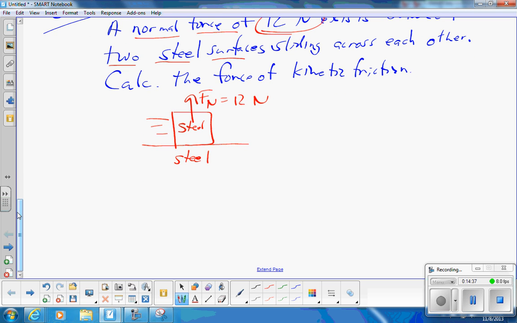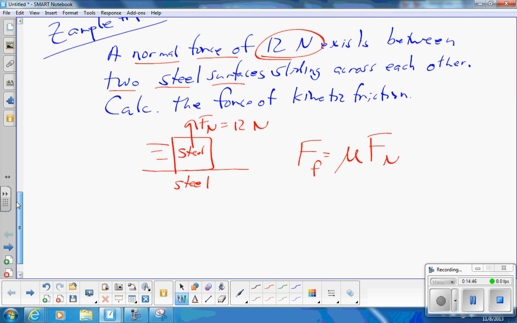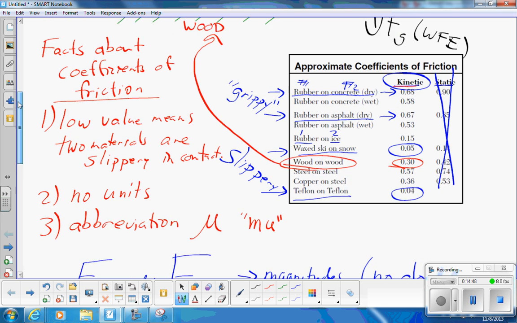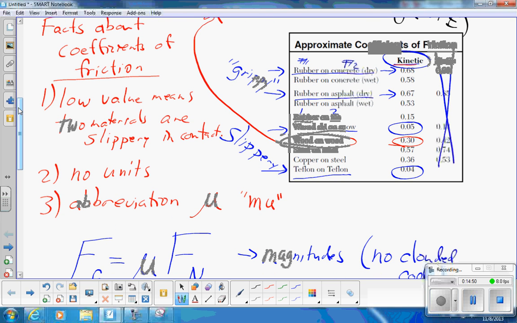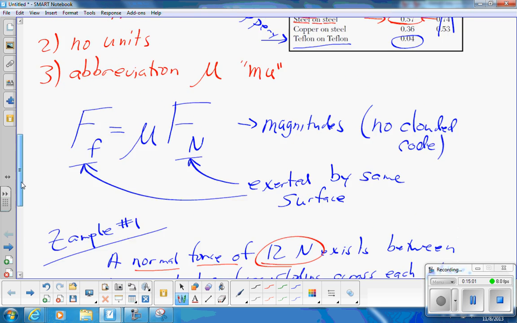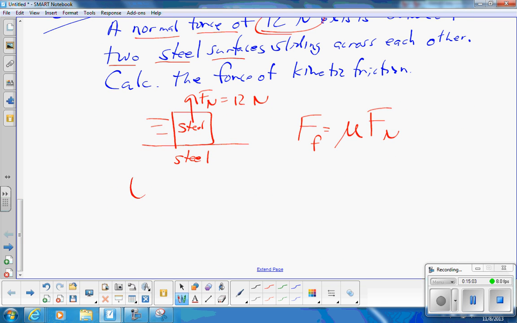Well, I write the formula. Friction force is mu times normal force. And I don't know what mu is, and that's what the chart is for on the front page of your reference table. You will notice that we have on the reference table one listing for steel on steel, and it has a coefficient of kinetic friction of 0.57. So that would go into our chart. We have a normal force with a magnitude of 12 newtons.